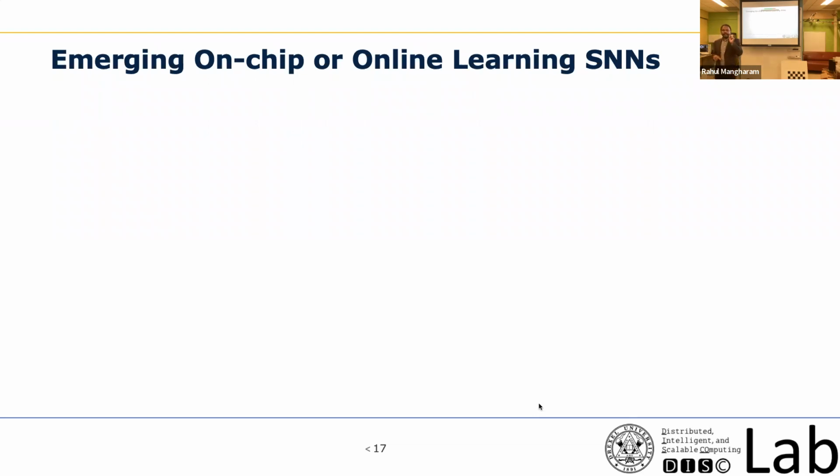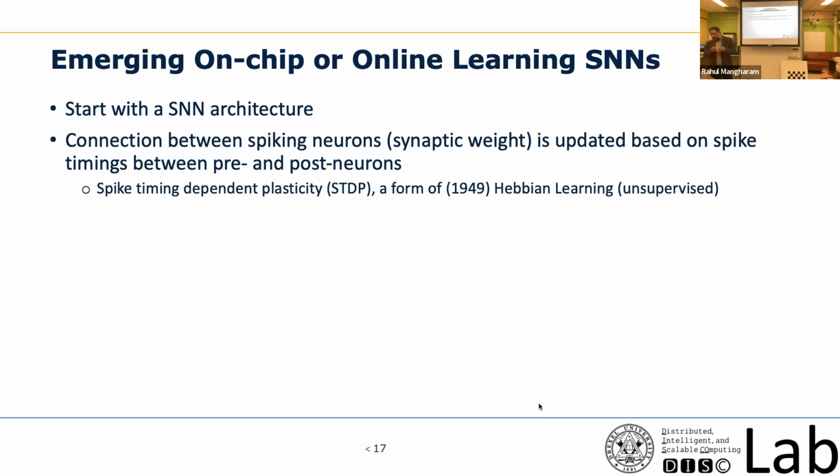It can do extremely low power on-chip learning. As and when new events are discovered, the architecture can learn, and there are certain algorithms for that. You start with an SNN architecture, and the connections between the neurons are updated based on the spike timing between the pre- and postsynaptic neurons.